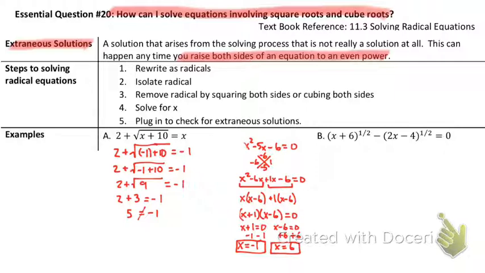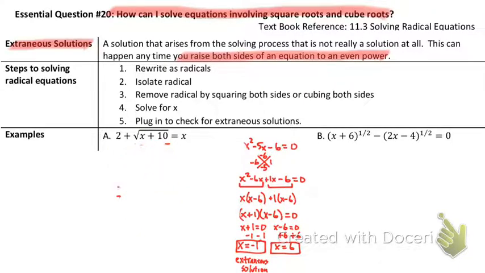So we can now say that x equal to negative 1 is an extraneous solution. All right? But just because we found 1, we have to check, does 6 even work? So we're going to do the same thing for 6. We're going to take our answer x equal to 6 and plug it in. So let's try this. All right.